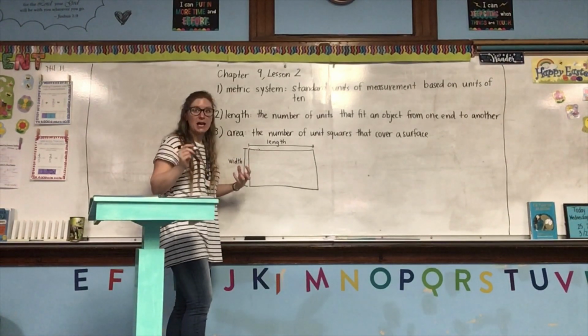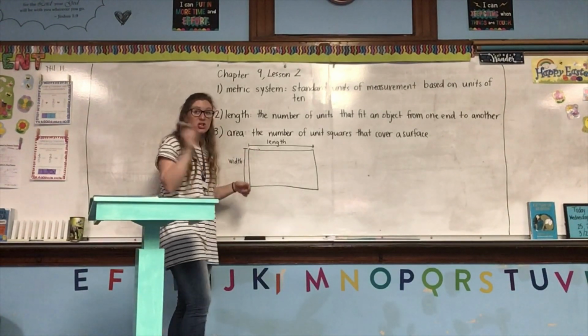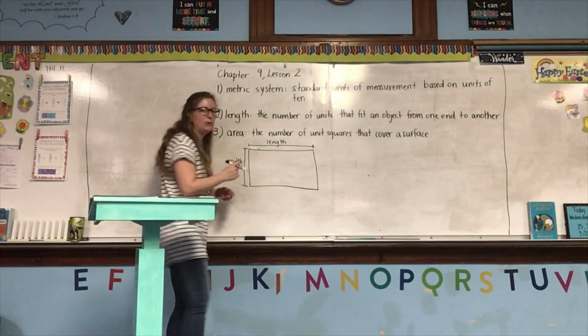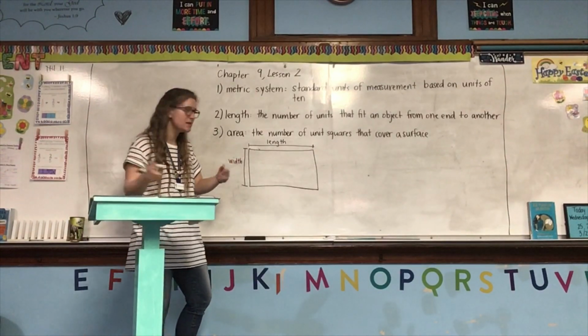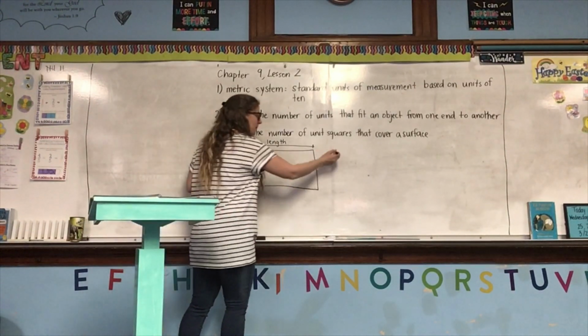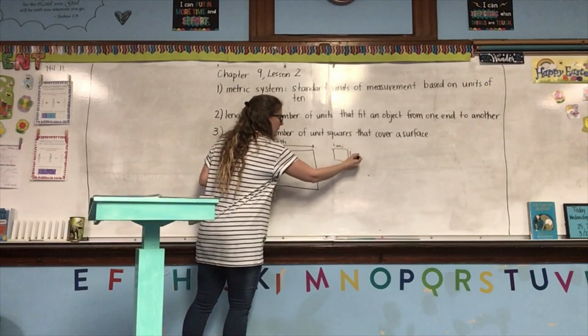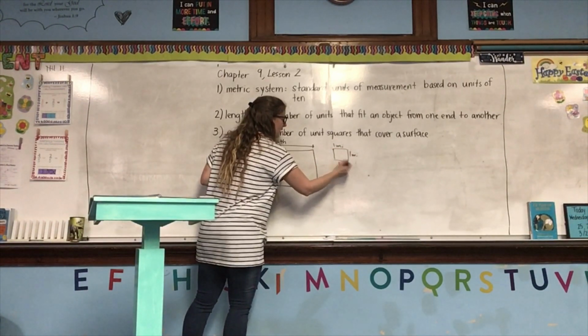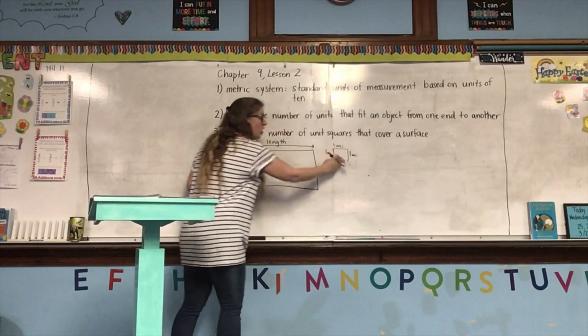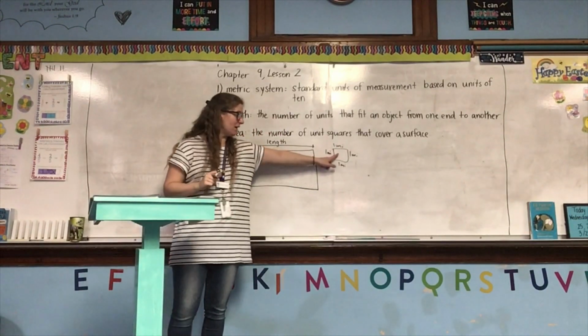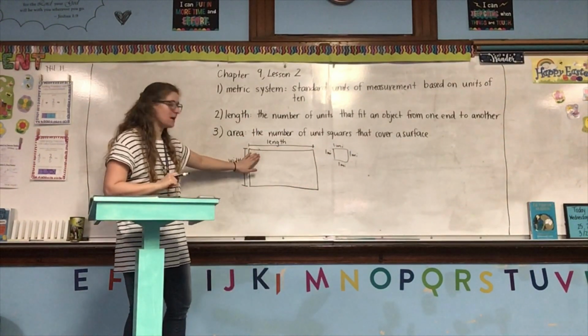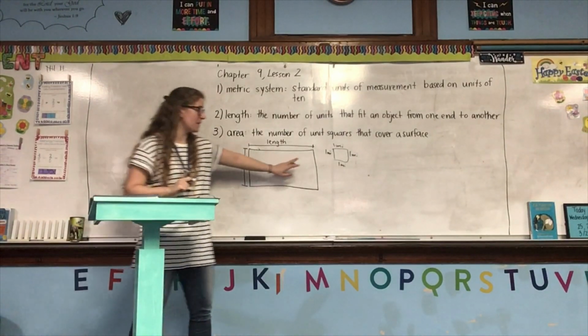Now, area is where you take your square units. Like, remember we talked about this with square miles, where we said, you have this and it's 1 mile, 1 mile, 1 mile, 1 mile, and this whole thing is 1 square mile. Well, that's the same thing with area. That's measuring area.